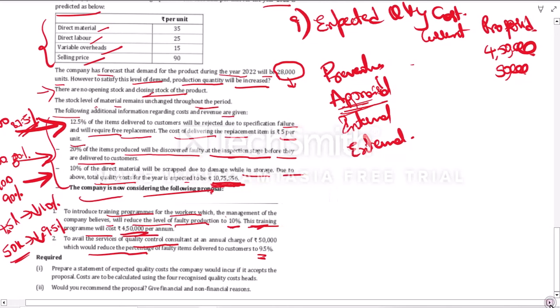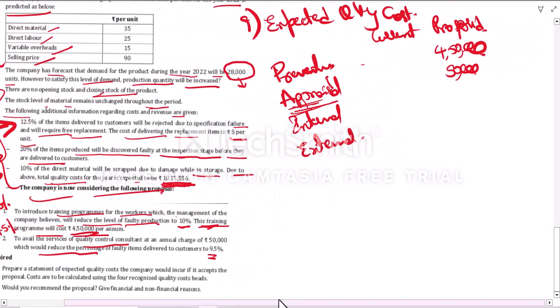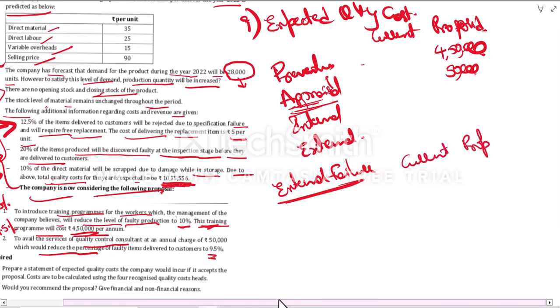So prepare. We have to find the external failure cost and internal failure cost separately. So first find the external failure cost, in the current situation and in the proposed situation.